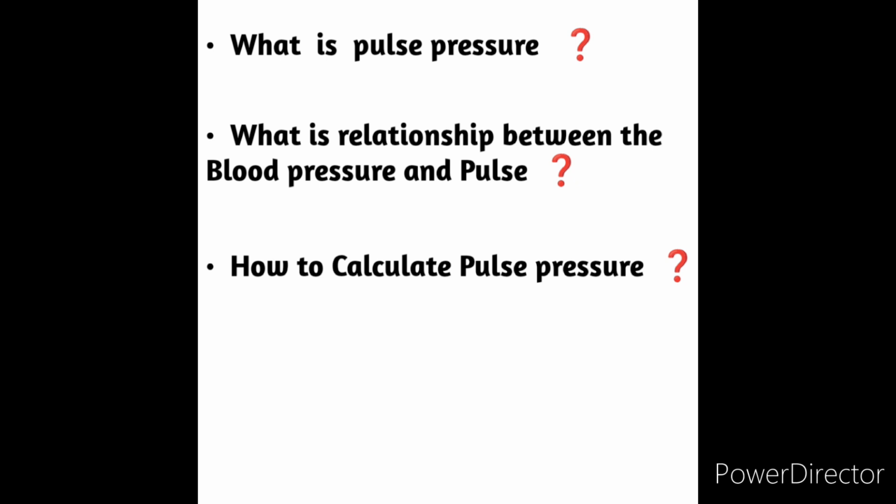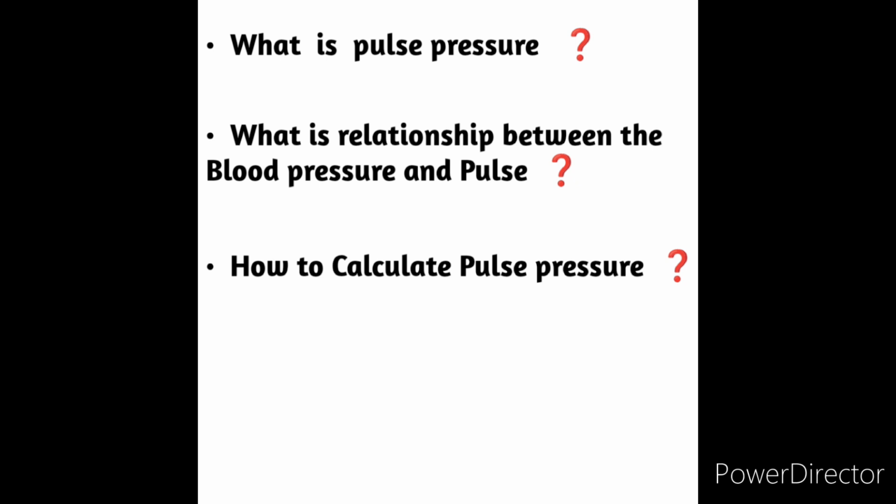To calculate the pulse pressure, all you have to do is subtract the bottom number from the top number. Bottom number means diastolic, top number means systolic. For example, the blood pressure was 120 by 80 mm of Hg.